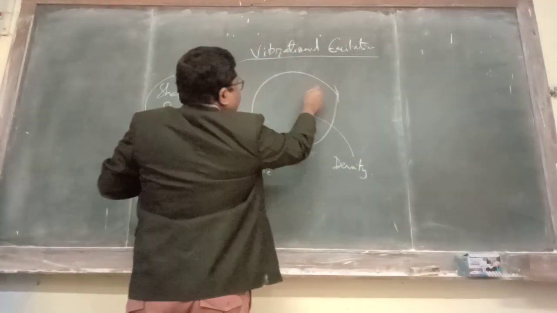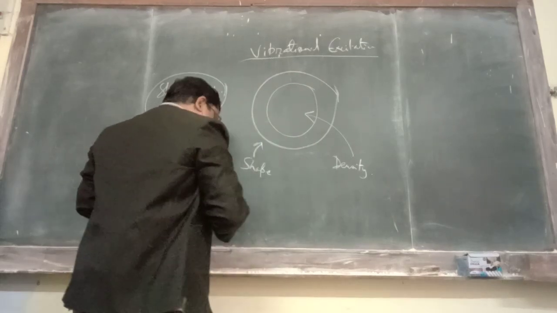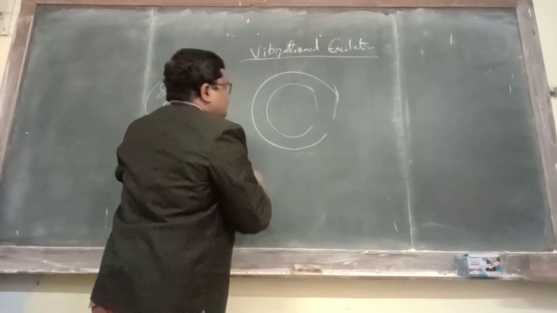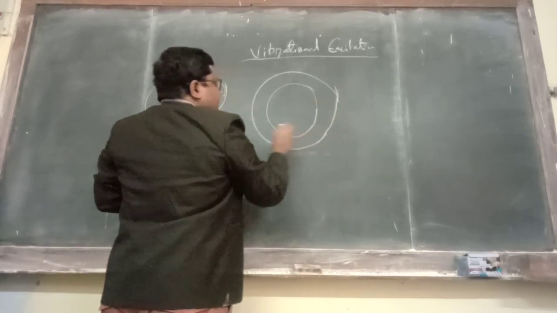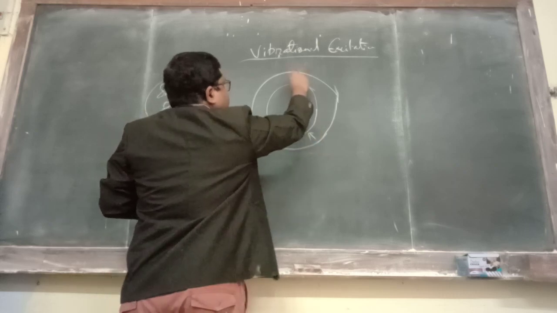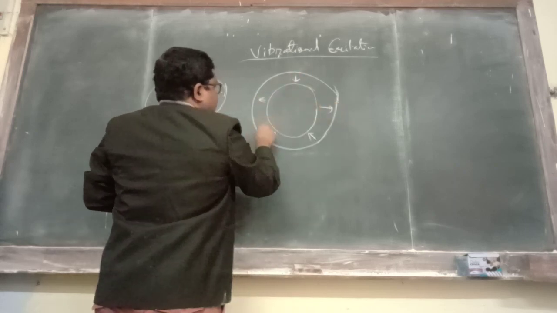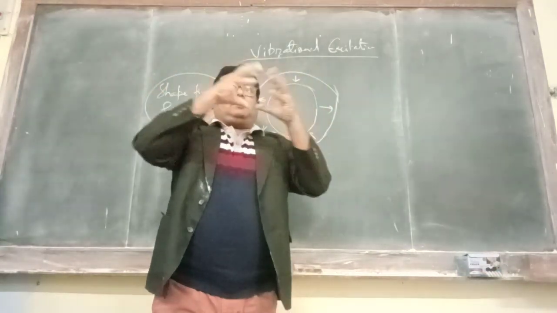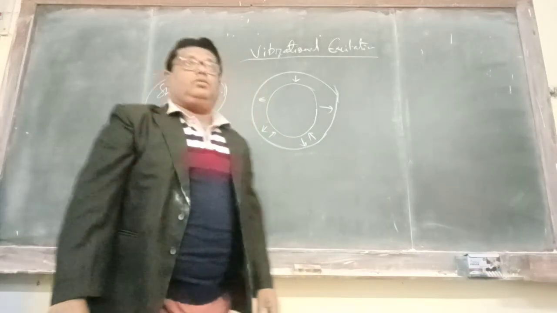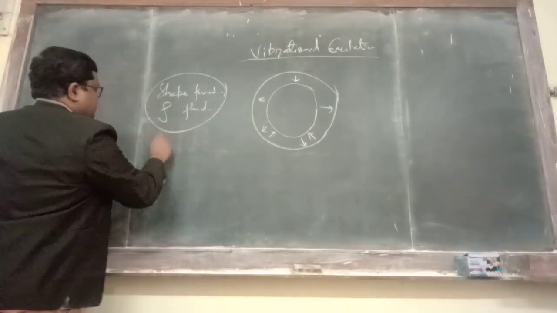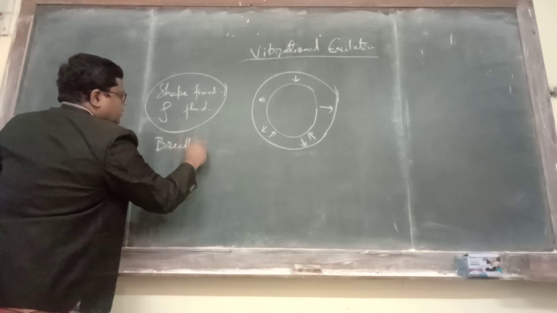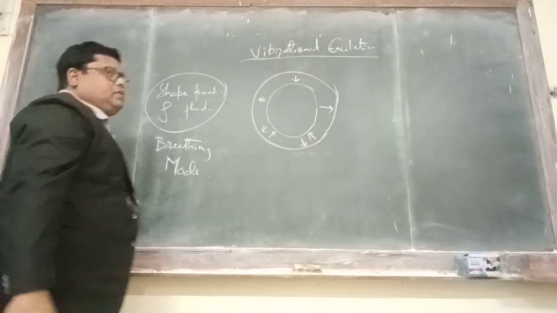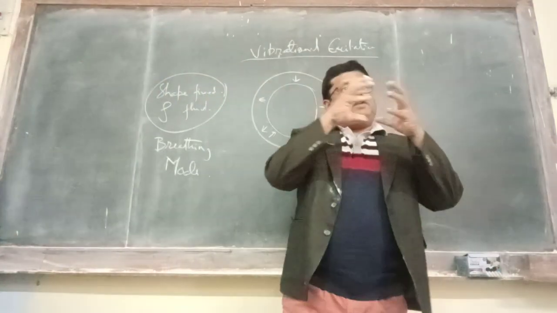Then it will look like this, as if it is going like this and then coming up like this. You understand? Like this. So this is known as breathing mode excitation, where the shape remains fixed but there is density fluctuation.